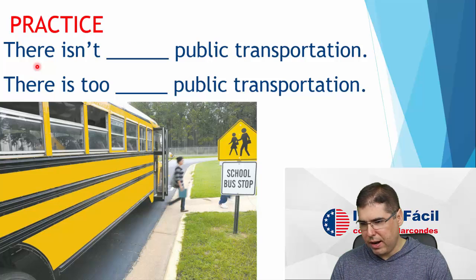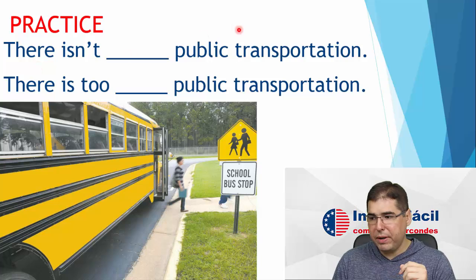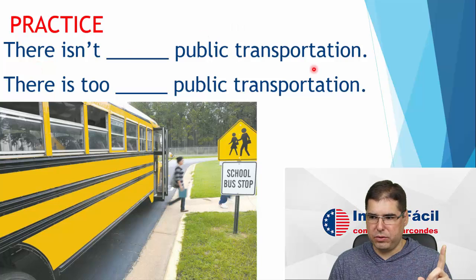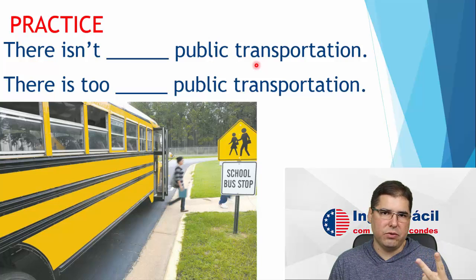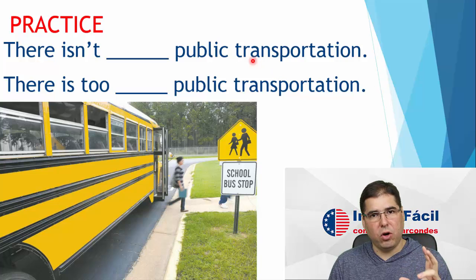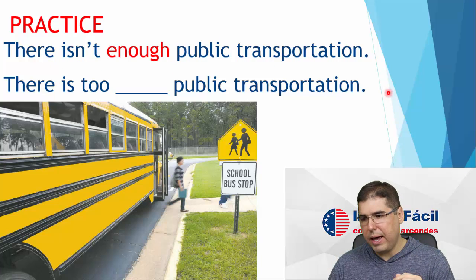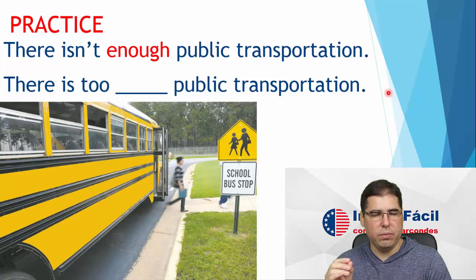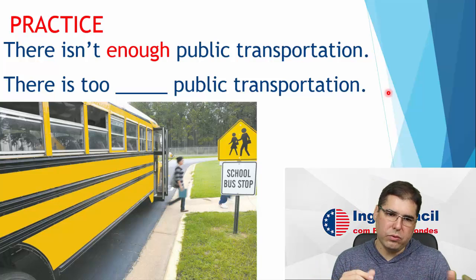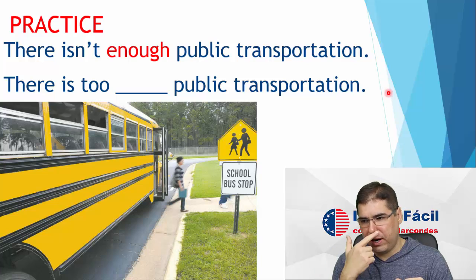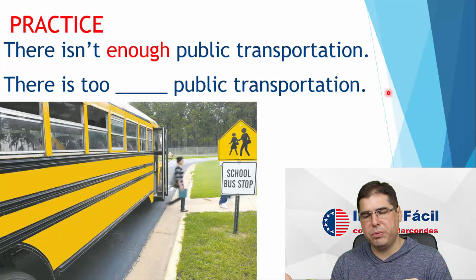Okay, now here, public transportation, non-count, right? I cannot count one public transportation, two public transportation, no. So it's non-count. Look here, the verb is in the singular. So there isn't enough, because I can use enough with both, remember? Count and non-count nouns. So there isn't enough public transportation.